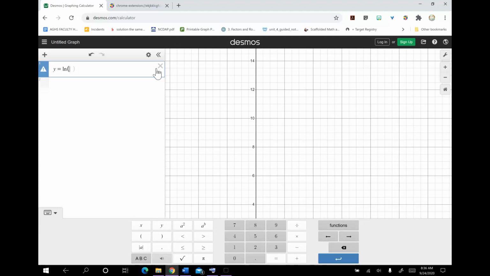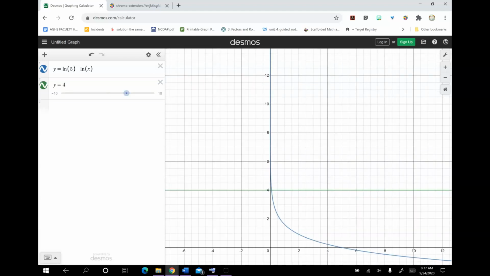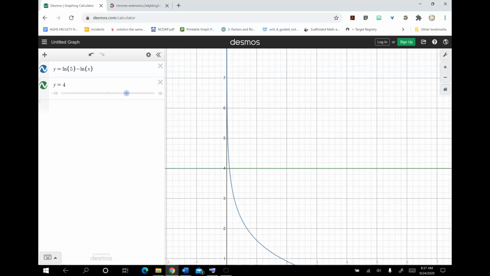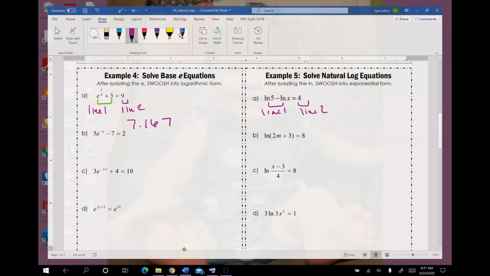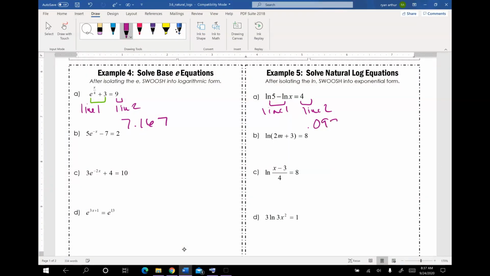So ln of 5 minus ln of x was equal to 4. So y equals 4, okay? We don't really need to do anything. You can zoom in if you want to. But it's right there. So my answer is 0.092. Okay, so 0.092. And that's your answers, guys.